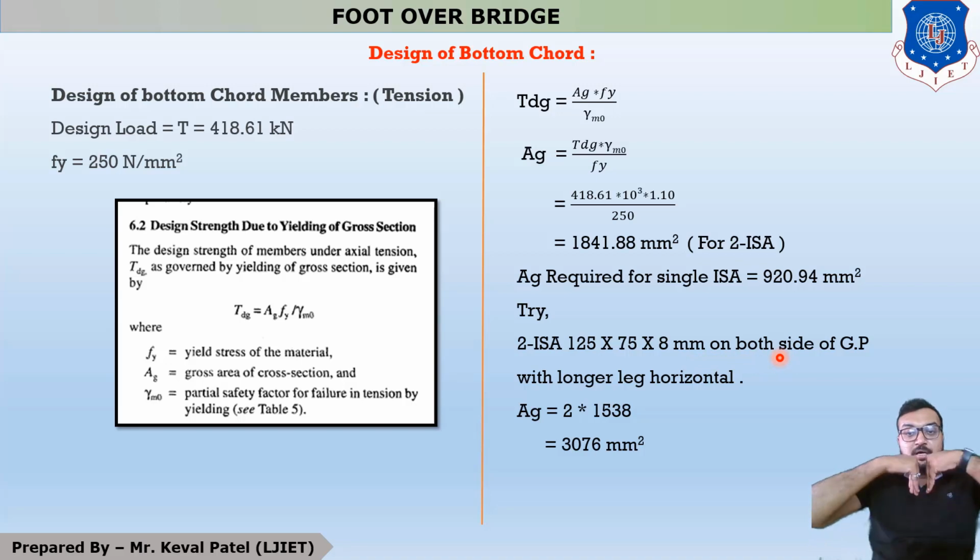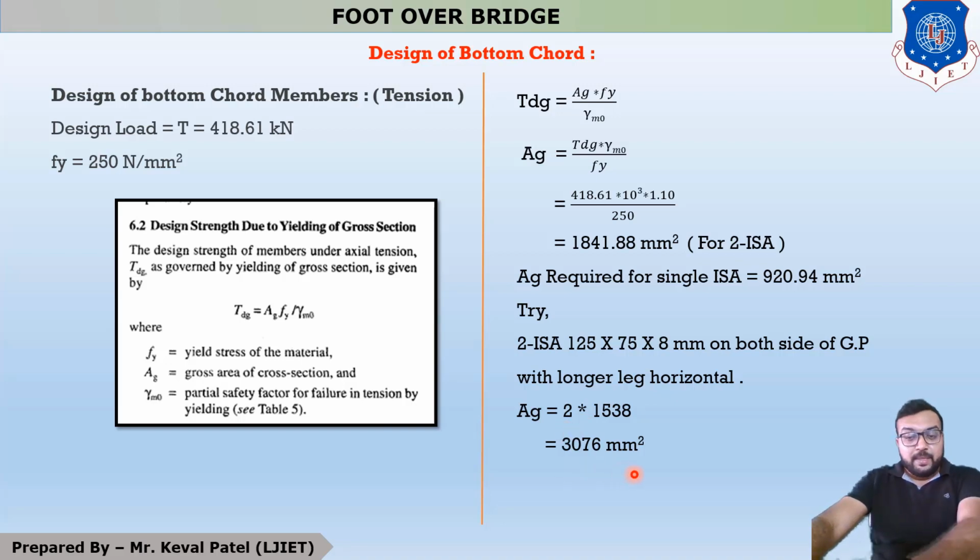This is your single ISA section and this is your double ISA with GP. GP means gusset plate, with longer leg horizontal. It means this is 125, this is 75 and 8 is our thickness. So your provided area is 3076 mm square.